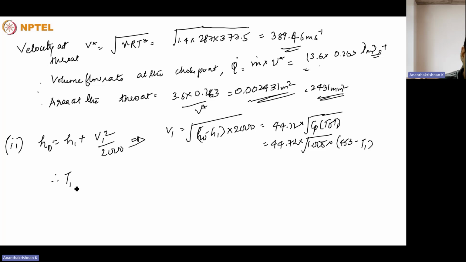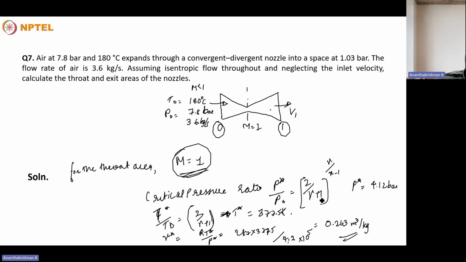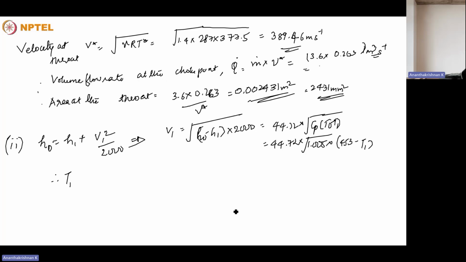Therefore, just like the previous case where we used this ratio to determine the choke throat point pressures and temperatures, we will try to attain the specific volume based on the incoming as well as the outgoing points. So basically T0 by T1 will be equal to P0 by P1 raised to gamma minus 1 divided by gamma.